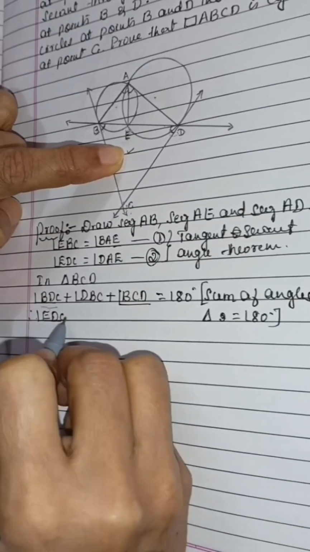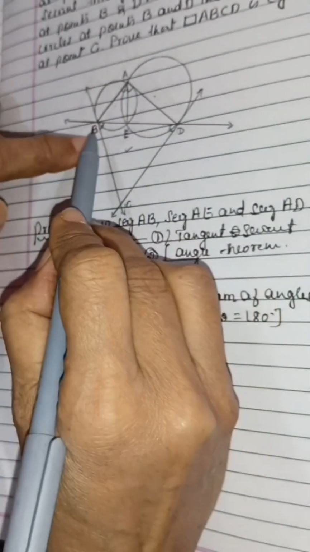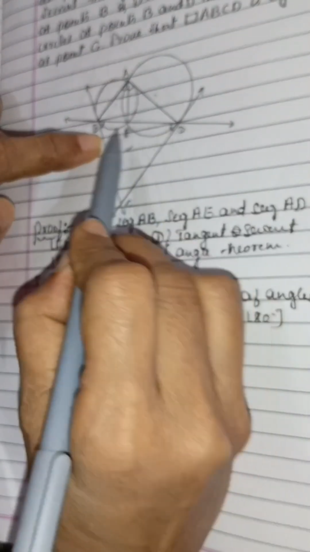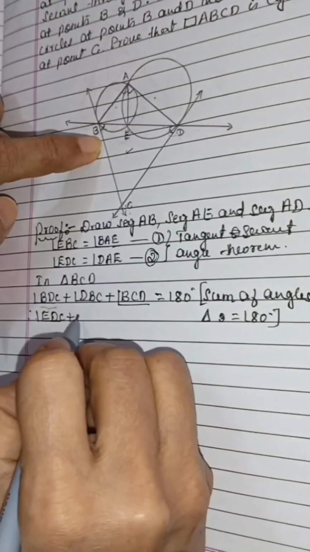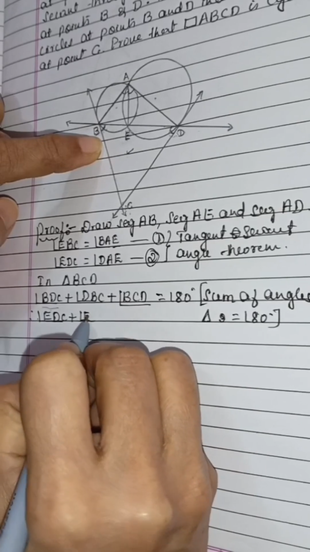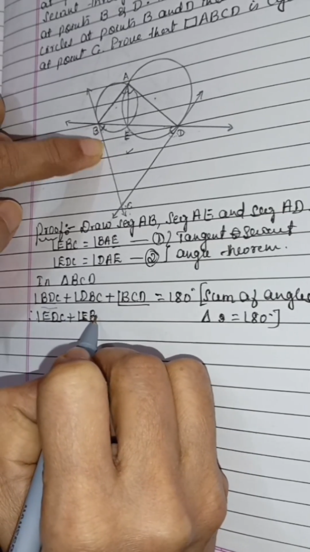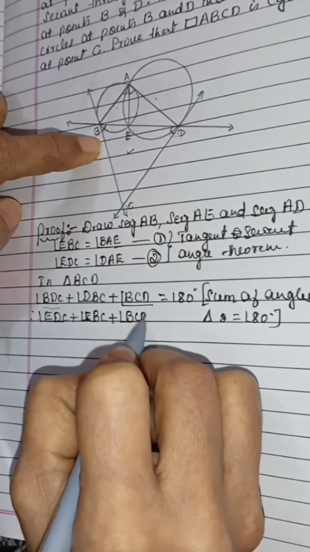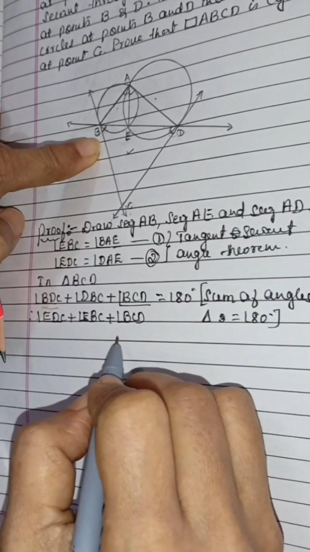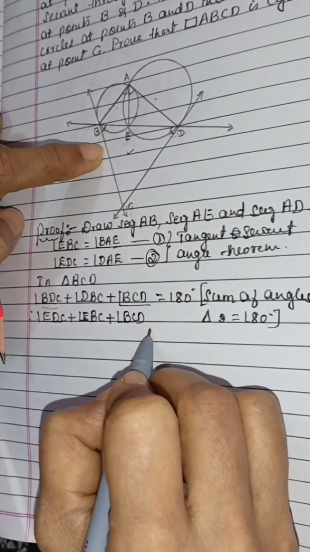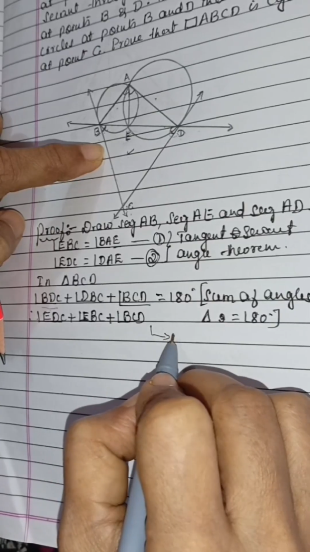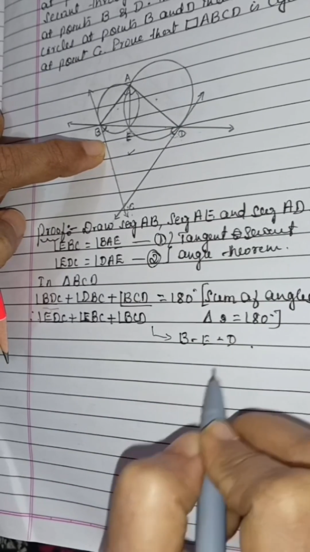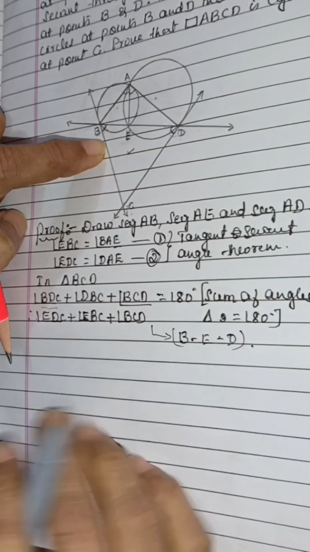Plus DBC, which we can write as EBC, the same angle, plus angle BCD. This is because B, E, D are collinear points.